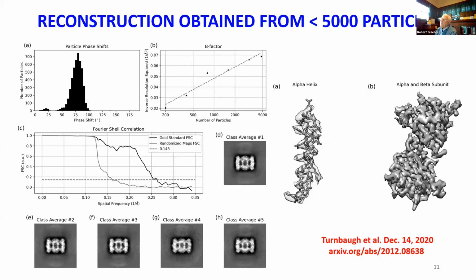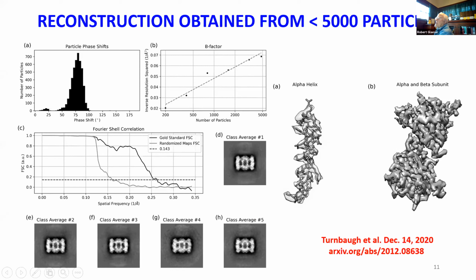About 5,000 particles were chosen from a series of micrographs, processed in the usual way of single particle cryo-EM. A lot of stuff is going on in this slide. I'll illustrate just some of it.